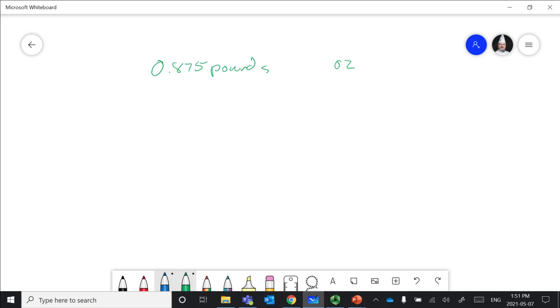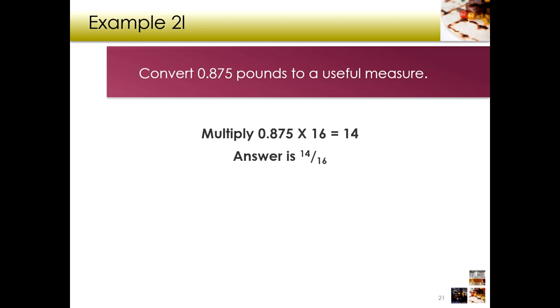The thing you're going to memorize eventually is that there are 16 ounces equal to 1 pound. So we have 0.875 pounds times 16 ounces, and we end up with a total of 14 ounces. Now this is a measurement that we can easily measure on our scale, right? What this really is, is 14 out of 16, with 16 ounces in 1 pound. So we end up with 14 ounces.